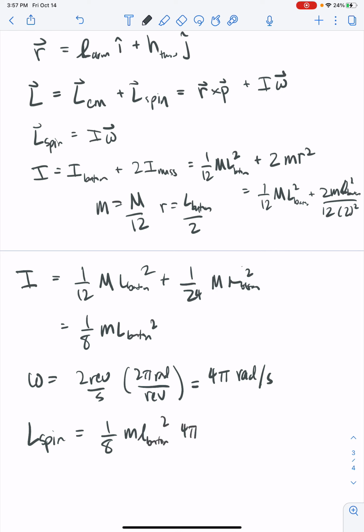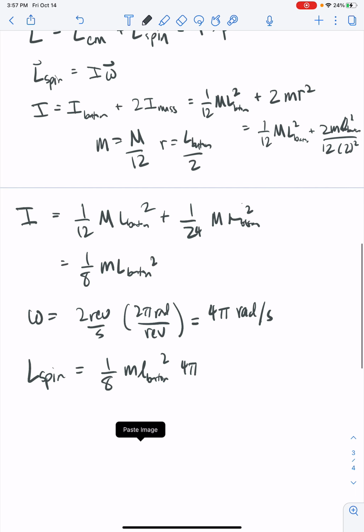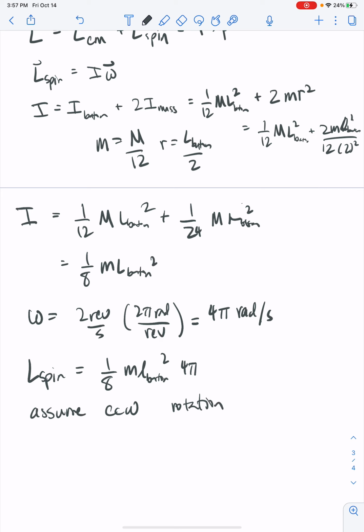And we want to think about the direction of this. To identify the direction, we need to decide whether our baton is rotating counterclockwise or clockwise. Since I didn't tell you, we'll make an assumption: assume counterclockwise rotation.